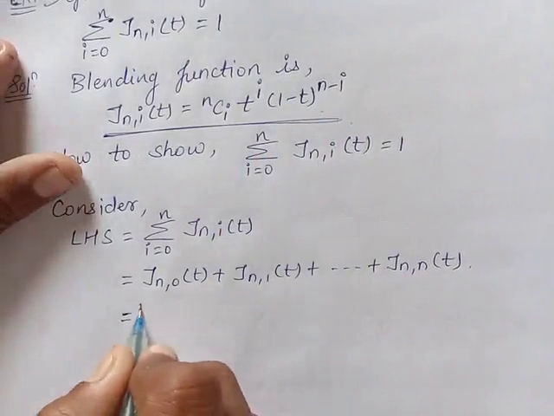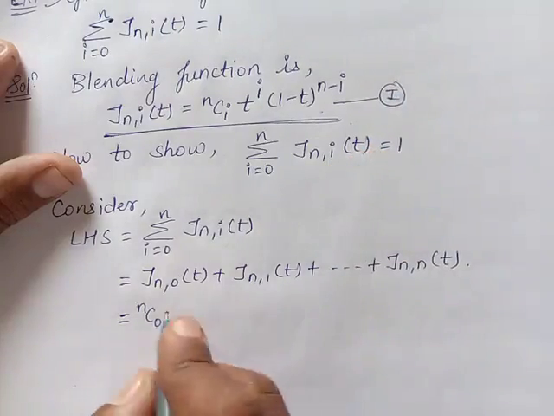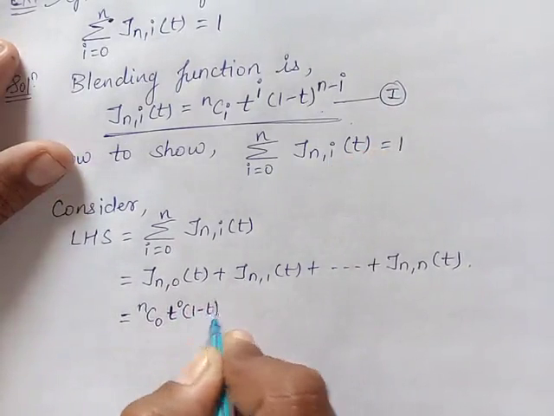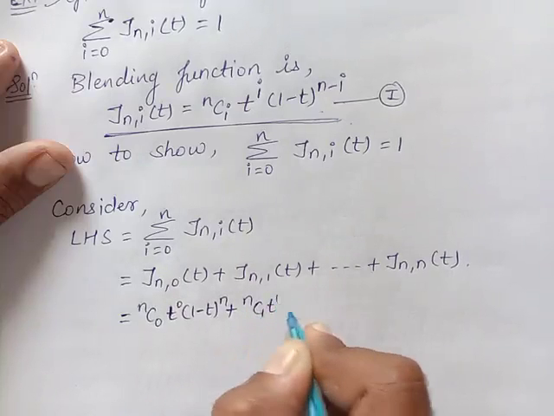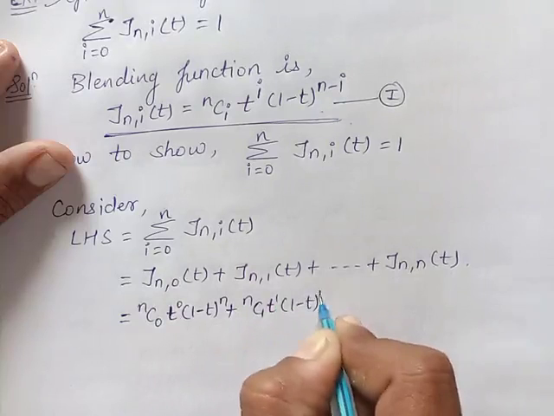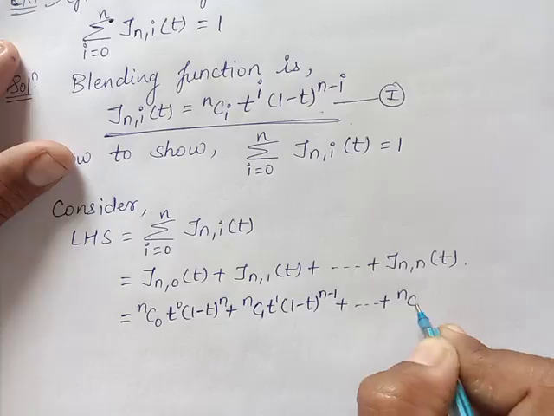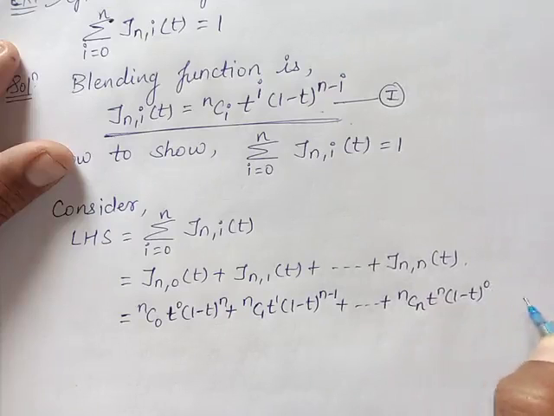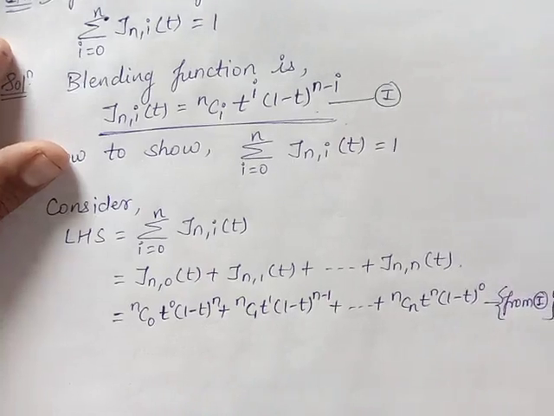It will be nC0, which is 1, nC0 t raised to 0, 1 minus t raised to n, plus nC1 t raised to 1, 1 minus t raised to n minus 1, plus so on up to nCn t raised to n, 1 minus t raised to 0.